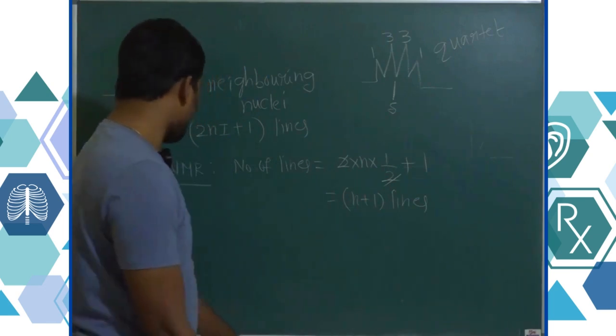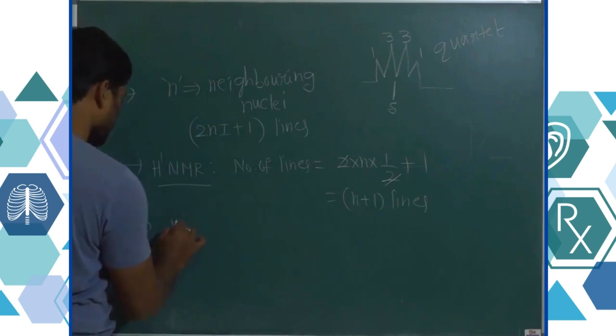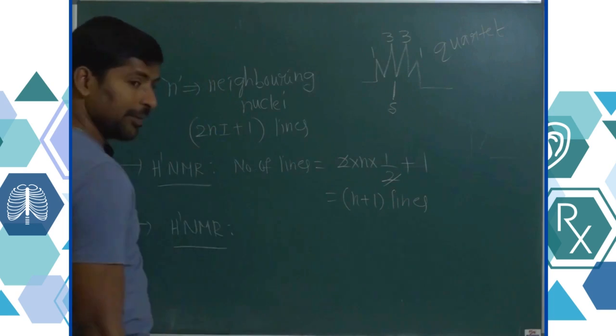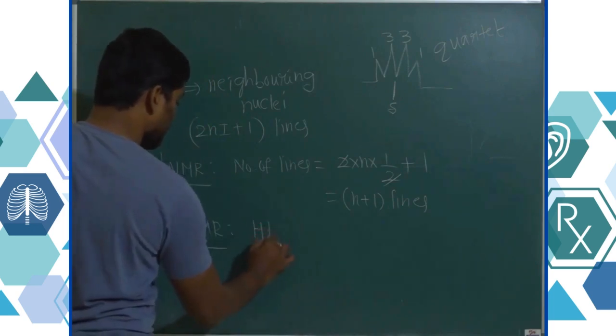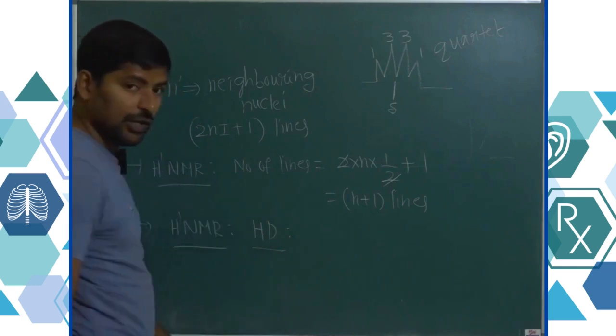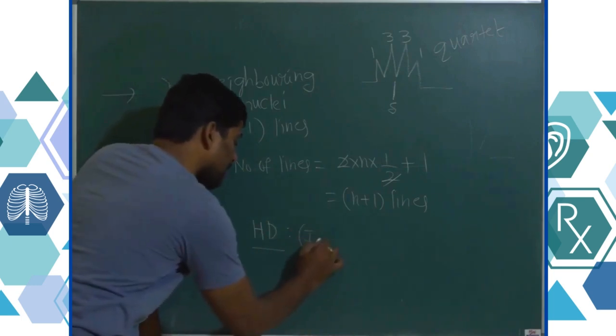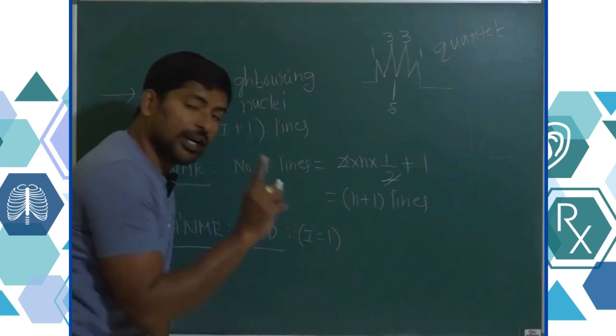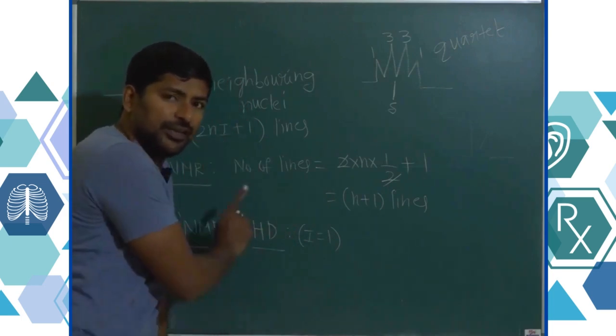For example, we are recording proton NMR spectroscopy and we are taking HD, so the proton interacts with deuterium. What is the I value for deuterium? The I value for deuterium is 1. How many deuterium atoms are there here? Only one deuterium atom is there.